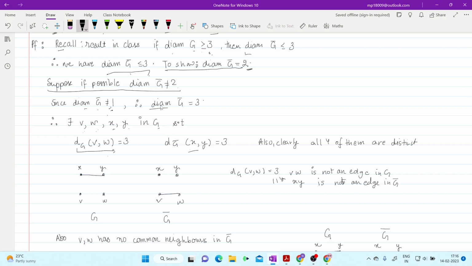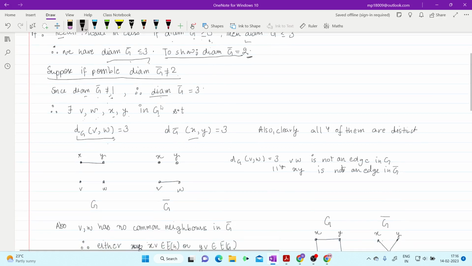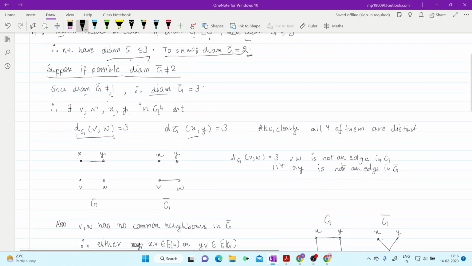So now first of all, this is clear, right? That if the distance between V and W is 3, then V and W cannot have any common neighbor in G. And similarly, X and Y cannot have any common neighbor in G bar. Now, since the distance between V and W is 3, VW cannot be an edge in G. Therefore, VW will be an edge in G bar, because that's the definition of G bar. All the edges which are not present in G will be present in G bar, and vice versa.